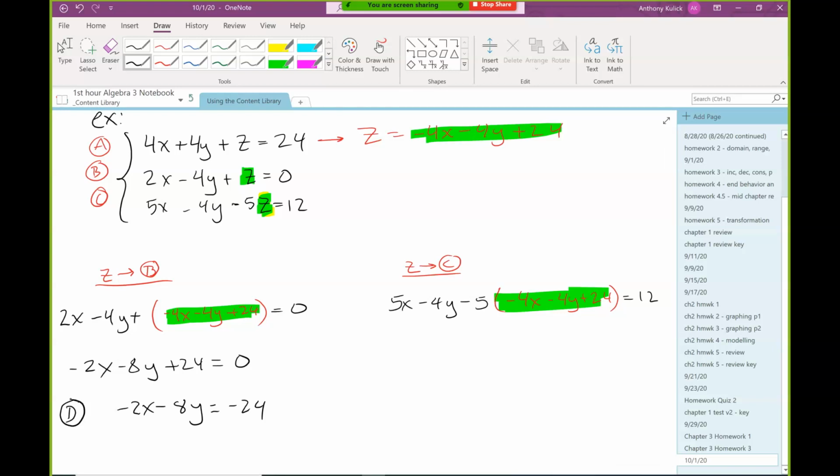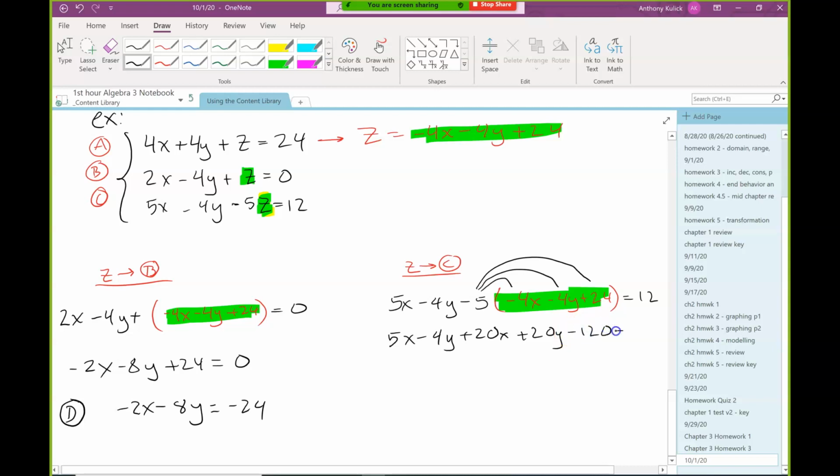Now I'm going to simplify my modified version of equation C next. So here I notice that I have this negative 5 in front of the parentheses. So I need to start by distributing that. So negative 5 times negative 4 is positive 20. Negative 5 times negative 4 is positive 20. Negative 5 times positive 24 is negative 120.